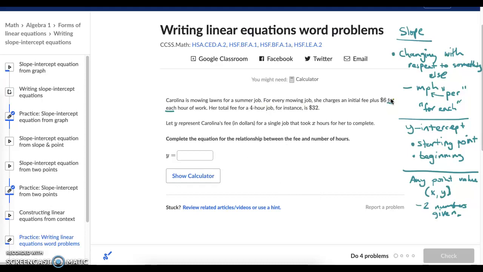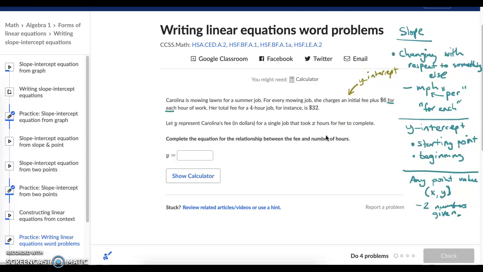So in this case, we've immediately identified our slope. She's mowing lawns for a summer job. For every mowing job, she charges an initial fee plus $6 for each hour of work. So the initial fee in this context would be the y-intercept, because that's the beginning value.